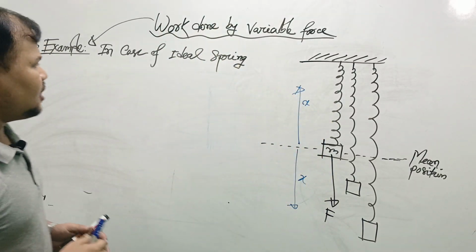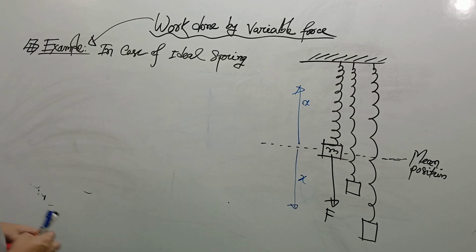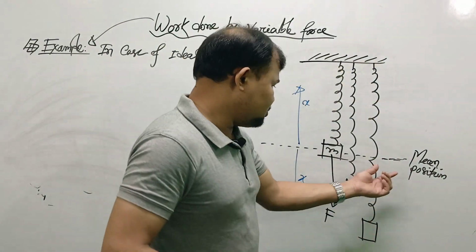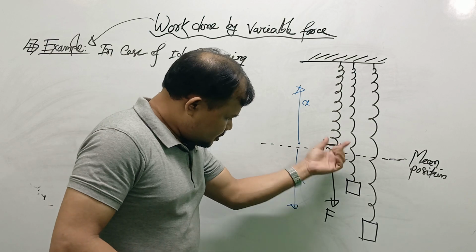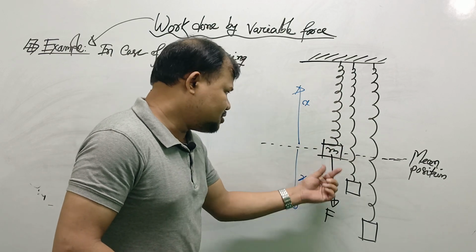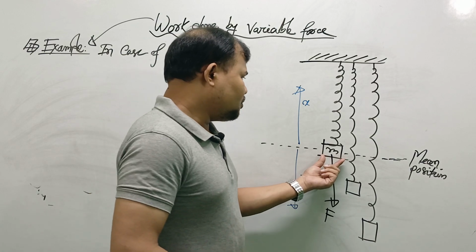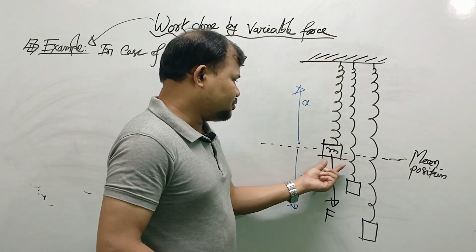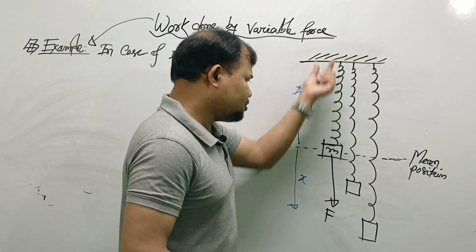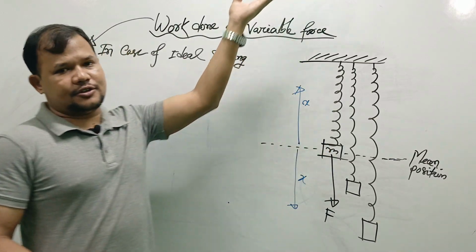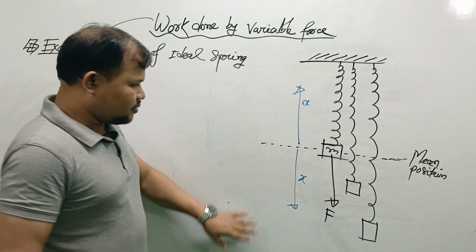This is our basic concept: we always measure displacement from the mean position. If this body goes downward, the displacement direction will be downward, and if this body goes upward from the mean position, then the direction of displacement will be upward. This is our basic notation.